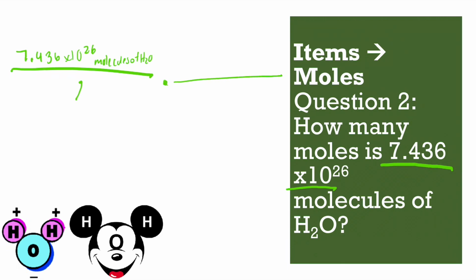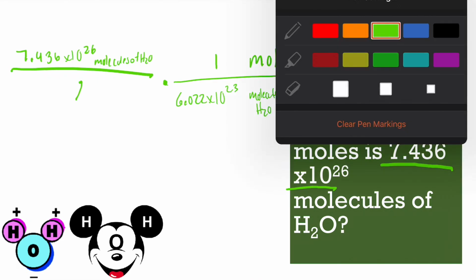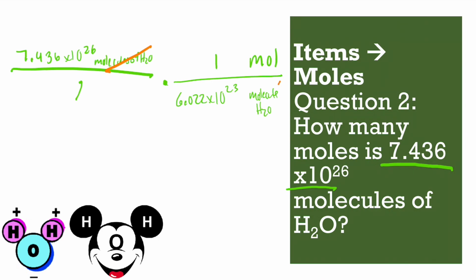Now you want molecules of water to cancel, so that goes on the bottom. And we were looking for moles, so that goes on top. Again, we know our known conversion factor, that in 1 mole, you have 6.022 times 10 to the 23 molecules of water. And so molecules of water cancels out. You're left just with moles, so we know that's good.